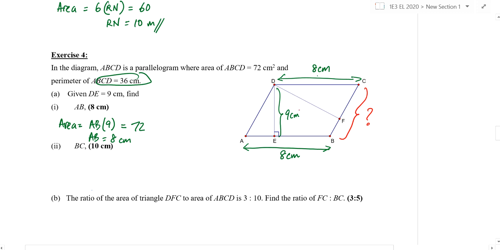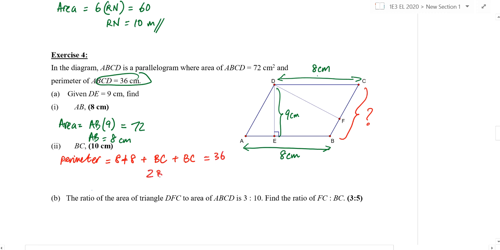Writing all that down, perimeter equals 8 plus 8, because they're opposite sides of the same length, plus BC plus, now instead of writing AD, I can write it as BC again because they have the same length. And this should give us 36.